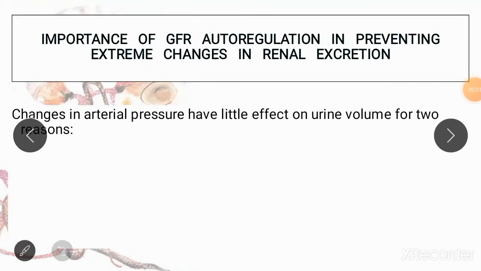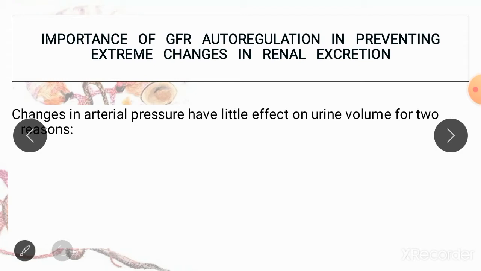So it is very important to keep your GFR within a normal range of around 125 mLs per minute or 180 liters per day, because despite changes in the arterial pressure or your blood flow to the kidneys, your urine excretion must be around 1.5 liters per day on average. And when your urine volume is less than 300 mLs per day, it is known as oliguria, which is an abnormal condition and harmful for the body.